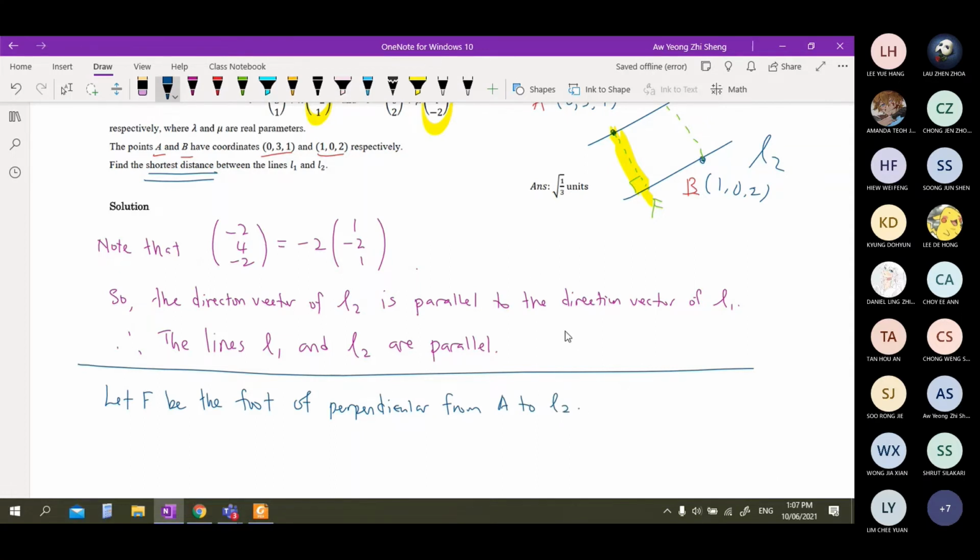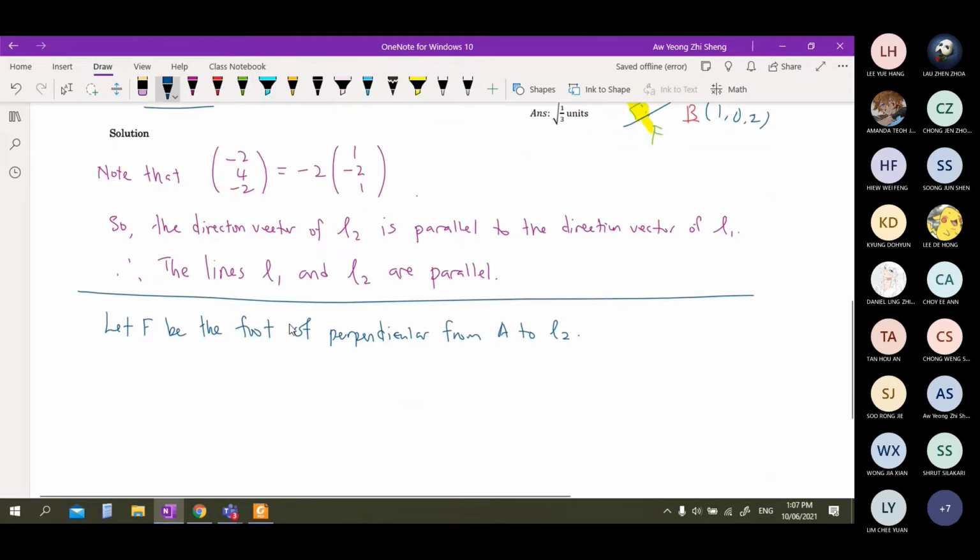And then we follow the usual procedure to find the coordinates of F. F lies on line L2, so OF will satisfy the equation of L2.